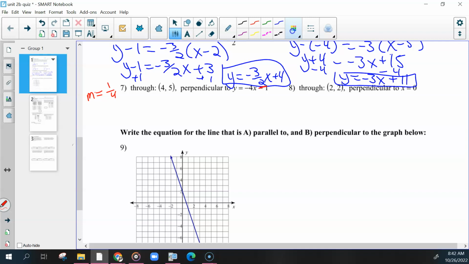So then ignore the y-intercept they give you. Y minus 5 equals 1/4 times x minus 4. The setup is the same. Then distribute and solve for y. So this would be 1/4 x minus 1. Again, double check your math. Some of you weren't getting that. Add 5 to both sides.